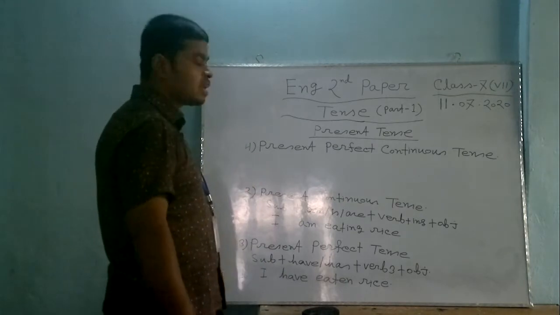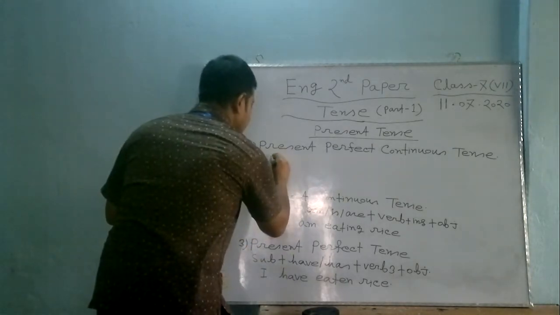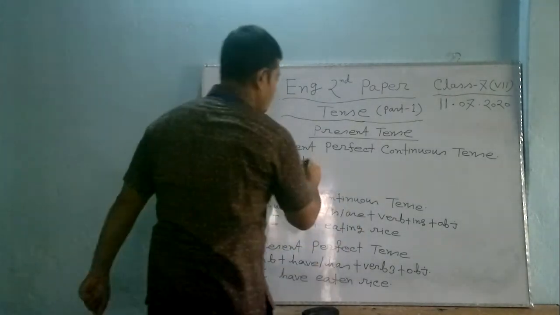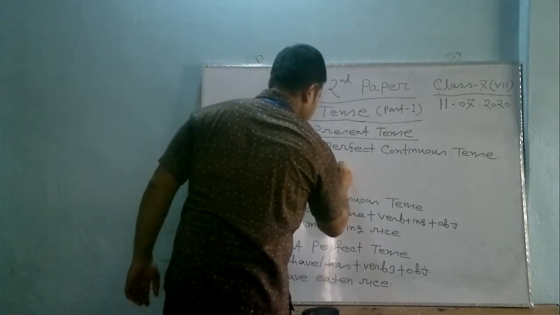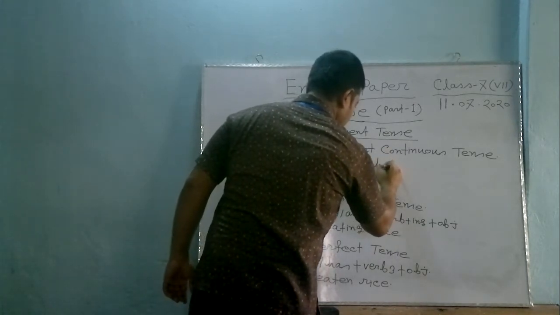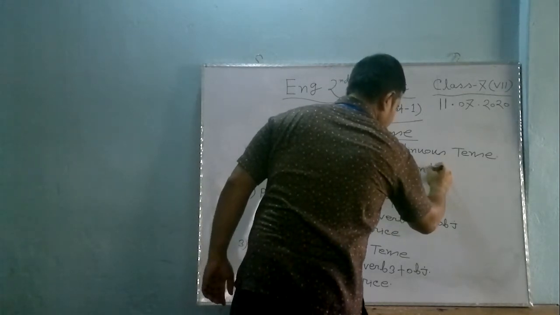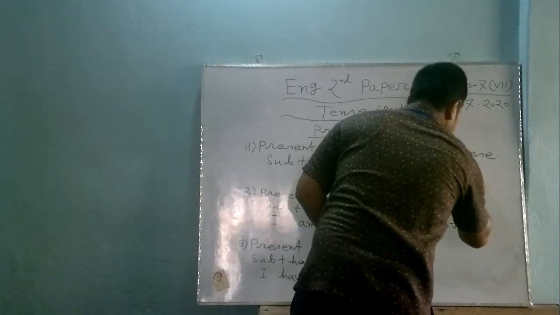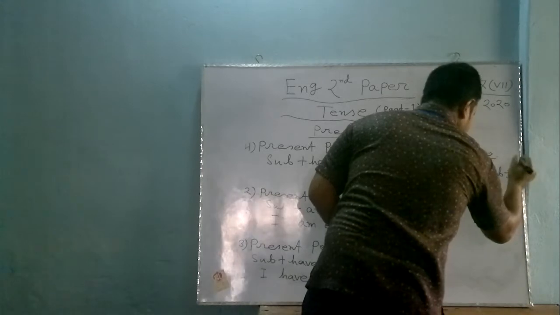Now we write the structure for making a sentence in present perfect continuous tense: subject plus, here we also use two auxiliary verbs, have been or has been, plus verb with ing, plus object.